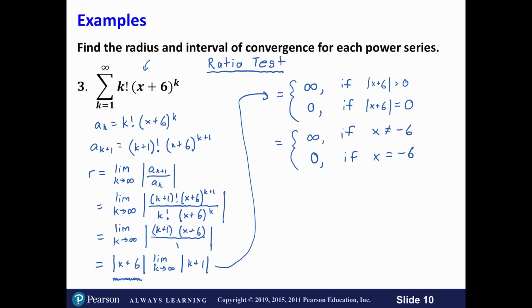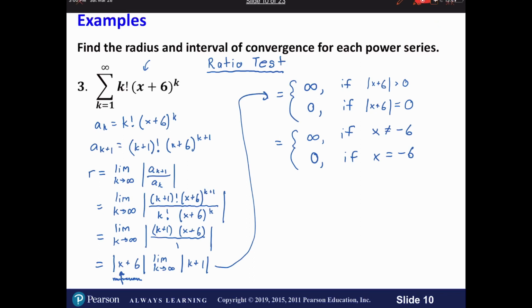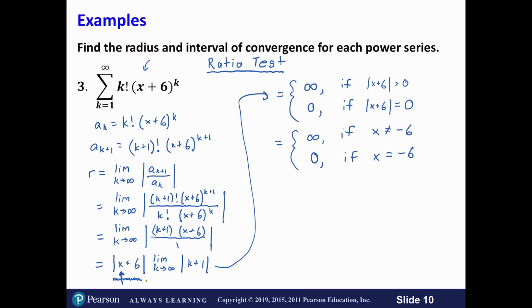Right, so does that make sense? If we were to throw in a negative 6 right here, then we would get 0 times the limit as k approaches infinity of k plus 1, and 0 times that thing would just be 0. Alright, so if you are particularly observant, you might notice that what we're essentially doing is multiplying 0 times infinity, right?